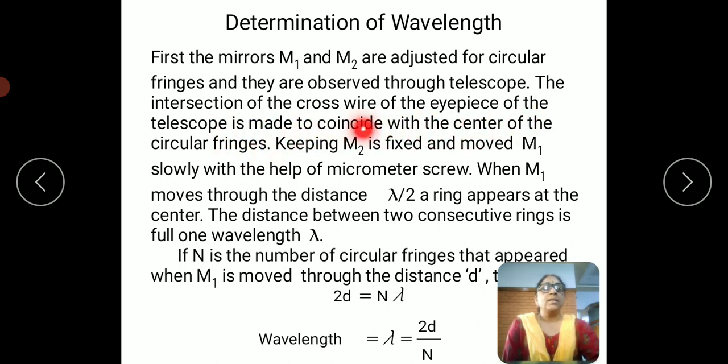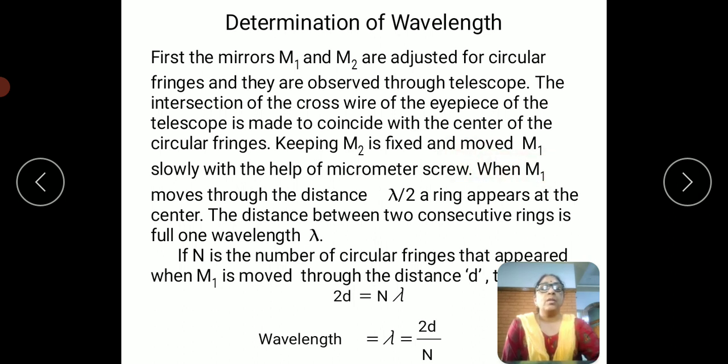First, the telescope eyepiece cross wire is made to coincide with the center of the circular fringe, and keeping M2 fixed, we move M1 slowly with the help of the micrometer screw. When M1 is moved slowly, n circular fringes appear.